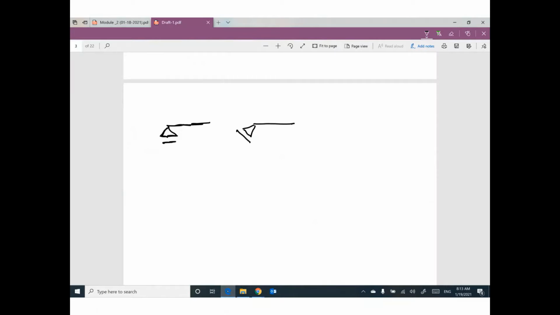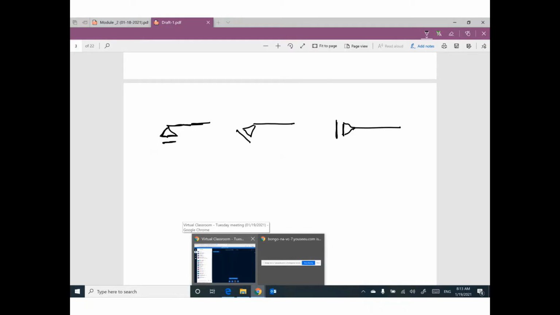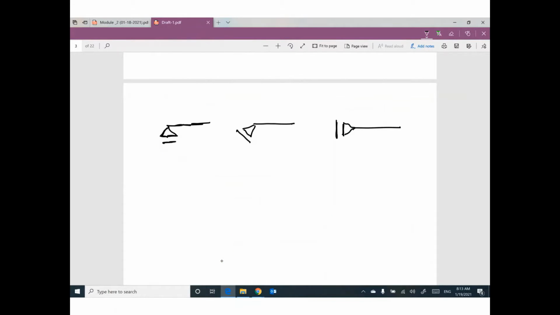If you have a roller like this or like this or like this, we decided if you have roller support, we have one reaction. Is this reaction a horizontal reaction, vertical reaction, or what?